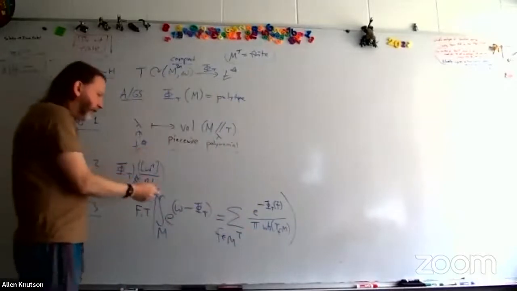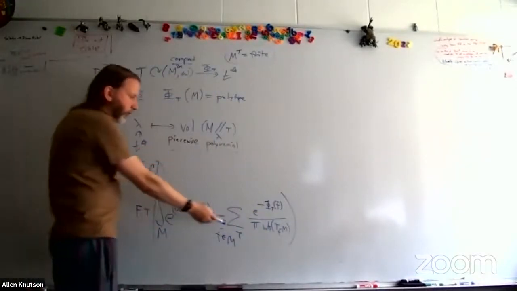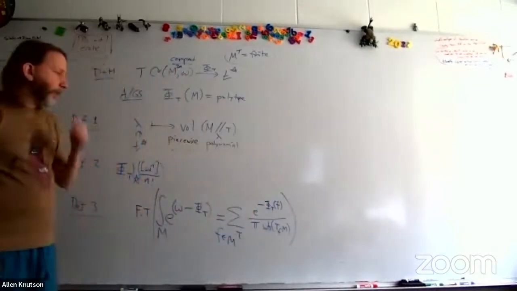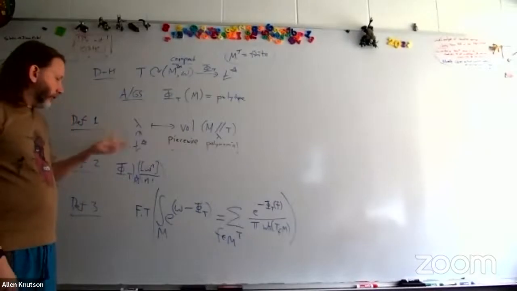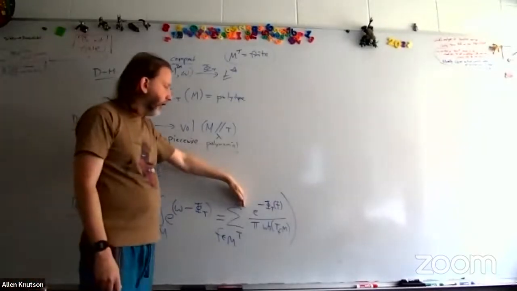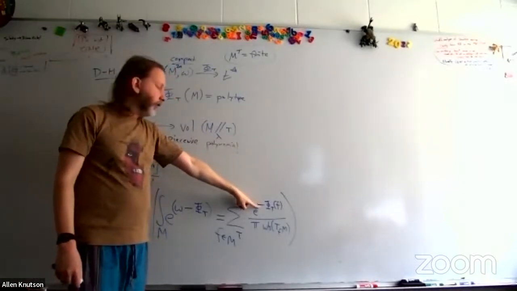So at this step, one would like to pull the Fourier transform past the sum and Fourier transform these terms term by term. And there's a bunch of things you're familiar with about Fourier transforms. One of them is the linearity. Another is that the Fourier transform of this exponential will get you a delta function.